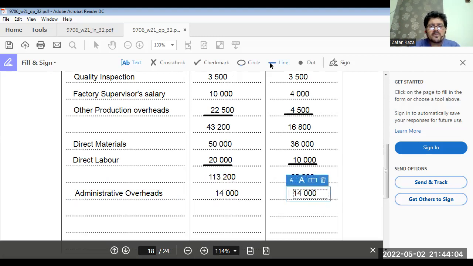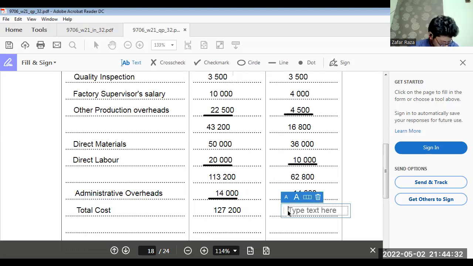So that would make our total cost 127,200 and 76,000.